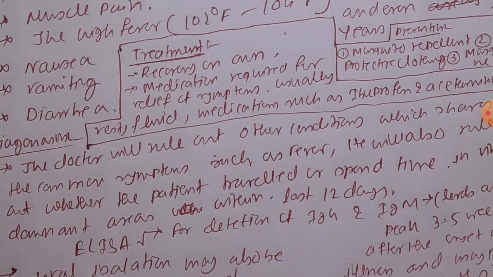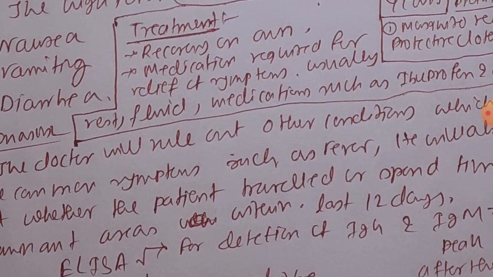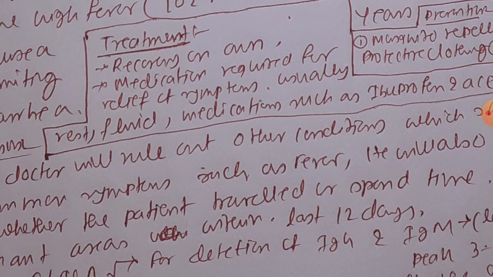Treatment: usually no treatment is required. Our immune system is strong enough to fight it, but resting is preferred for quick recovery, and if medication is very important, then ibuprofen and acetaminophen can be used. Along with that, we can also give fluids.